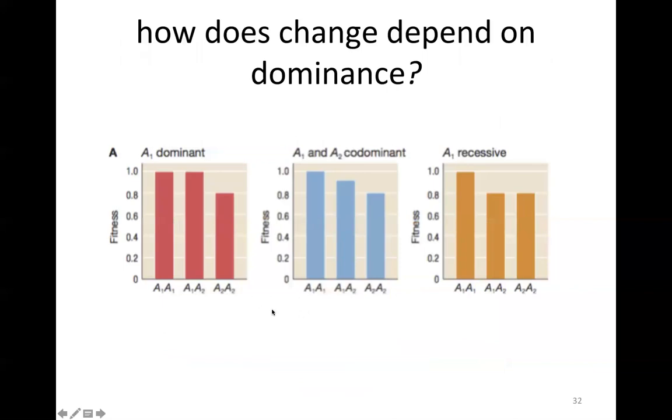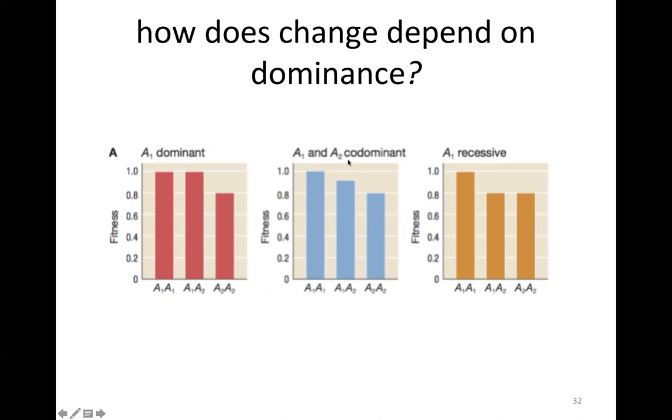But we can have 2 alternative situations. We can have the low fitness allele being dominant and the beneficial allele being recessive. Then the heterozygotes will also have lower fitness.